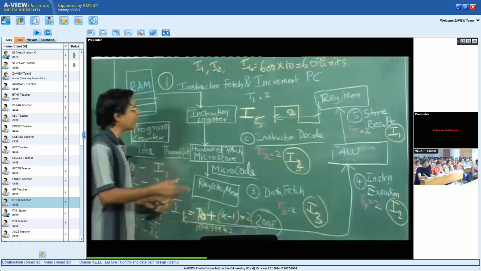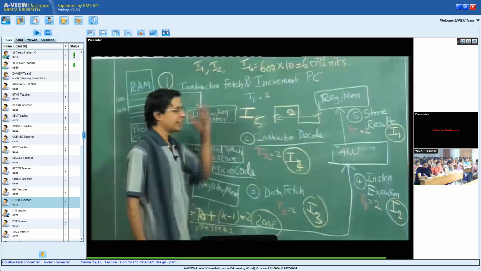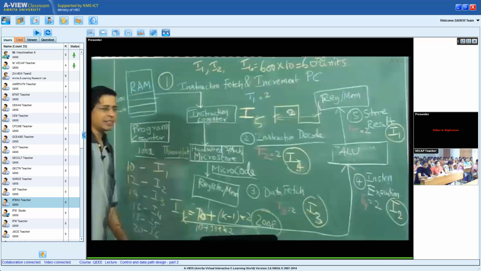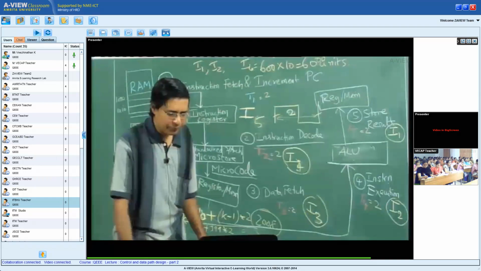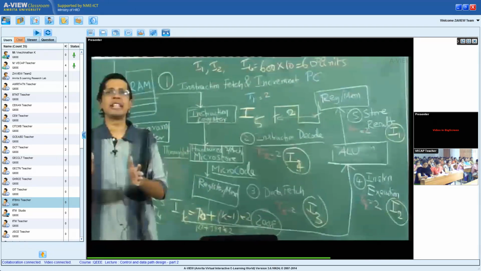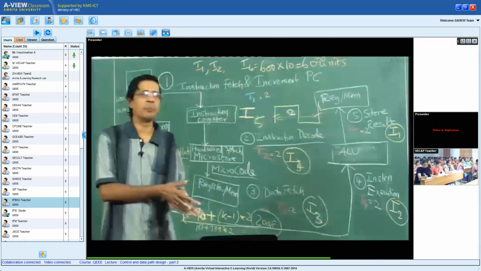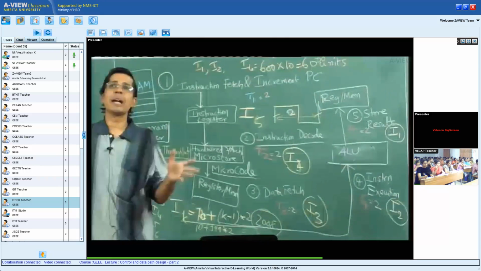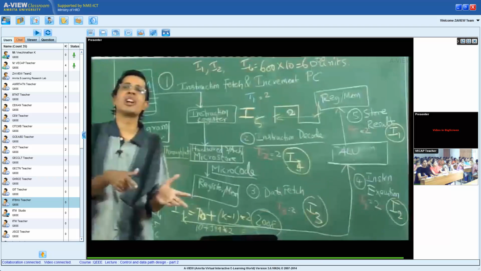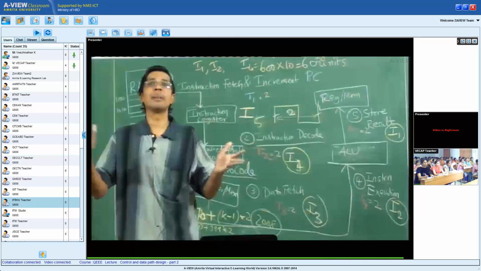So if you keep increasing, say I am asking for 1 million instructions or 10 million instructions, please understand from a user's perspective, if I could finish a program in 3 minutes and it gets finished in 1 minute, it's not a big deal. But suppose a program takes 3 days and it is finished in 1 day, then it makes a big difference.